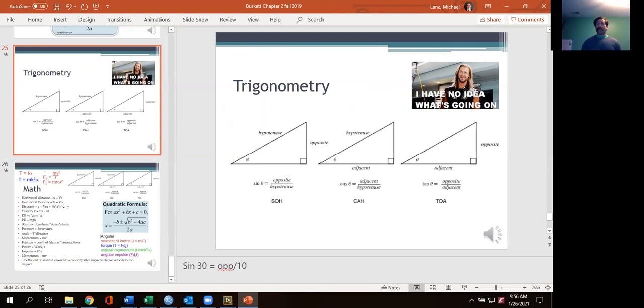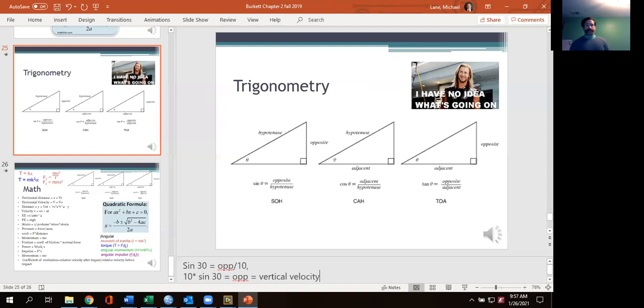Okay, so what we're going to do from there is cross multiply and divide. So if we multiply both sides by 10, we're now going to have effectively a formula of 10 times the sine of 30 degrees equals our opposite. Okay. And that is giving us the vertical velocity.